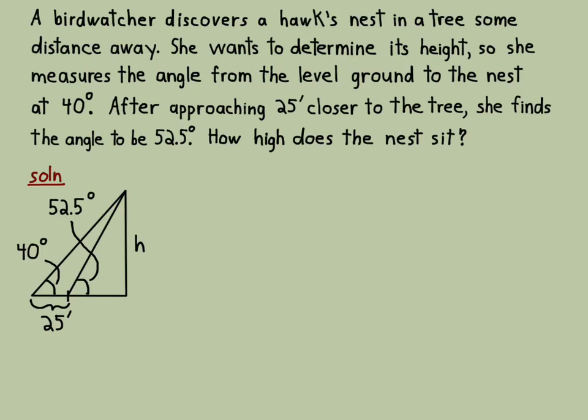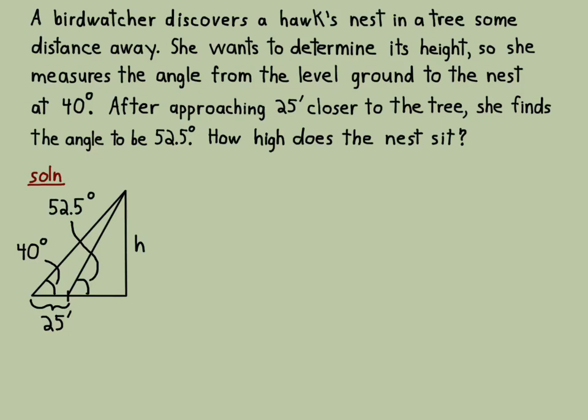So I have to use this big triangle as one right triangle, and this right triangle is the other right triangle, because you can't use the trig functions, well, without knowing a whole lot more than we do now, with a triangle that's not a right triangle. So this little one here is not a triangle I'm considering. Okay? That's not going to help me with this problem. So that's the key thing to realize here.